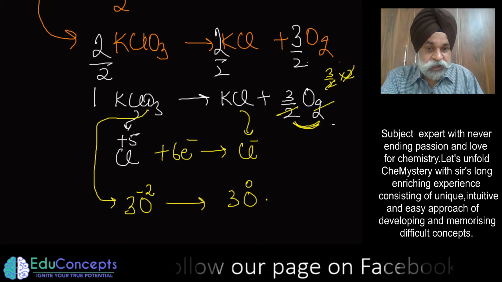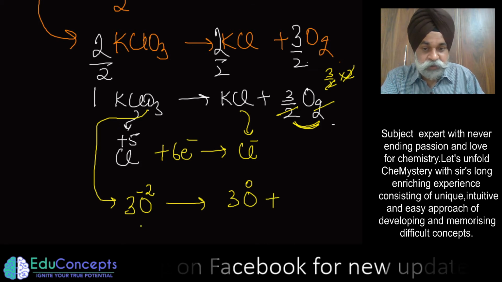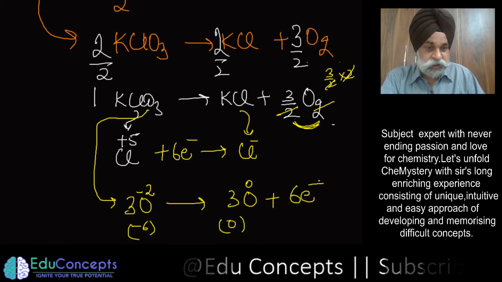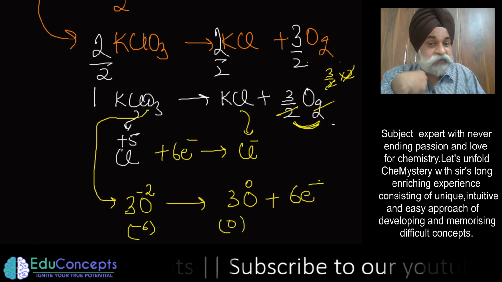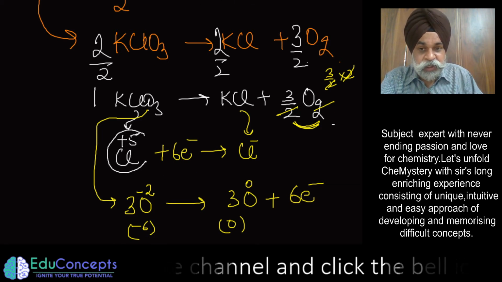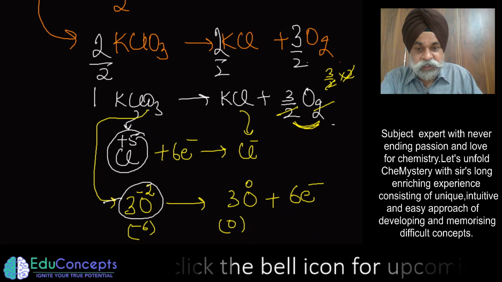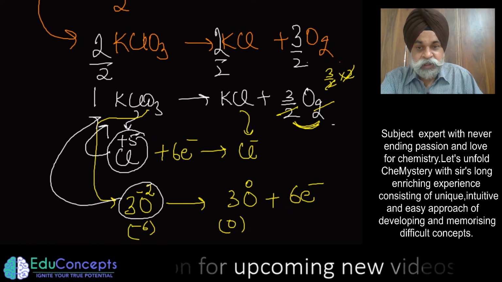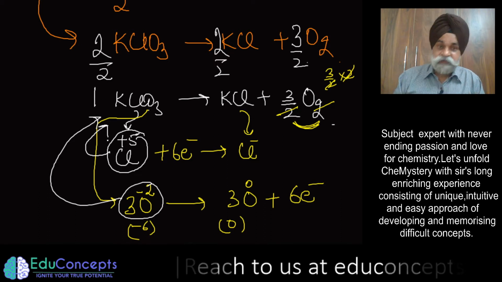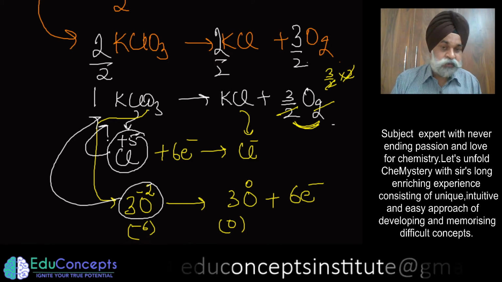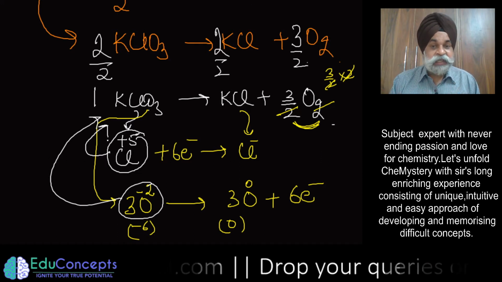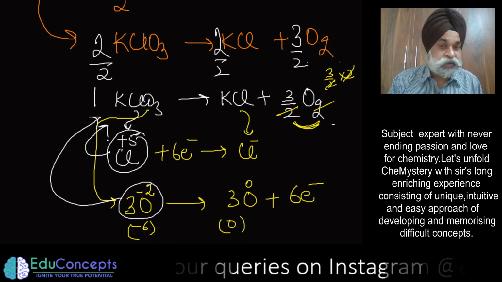So it is going to lose, because here you have -6, here you have 0, so you have to place 6 electrons. So you could see here that this chlorine and these 3 oxygen atoms are there in 1 mole of potassium chlorate. So 1 mole of potassium chlorate on thermal decomposition, if it happens to go to KCl and O2, is going to exchange 6 moles of electrons. So that is the n factor of potassium chlorate during this reaction.